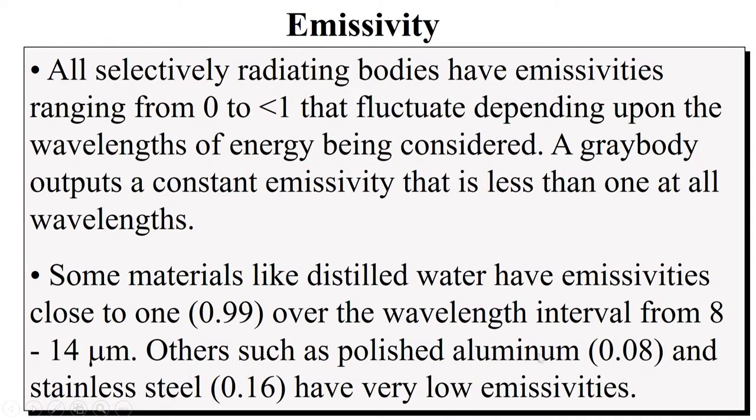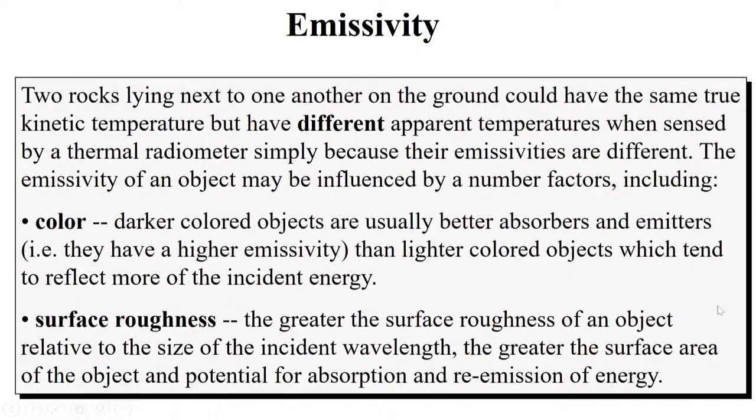For polished aluminum, the emissivity is 0.08, and for stainless steel, it is 0.16. So metallic objects have very low emissivity, and emissivity also varies according to wavelength ranges. Distilled water has 0.99 emissivity in the 8 to 14 micrometer wavelength range.